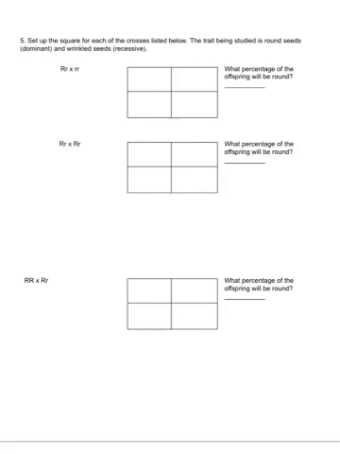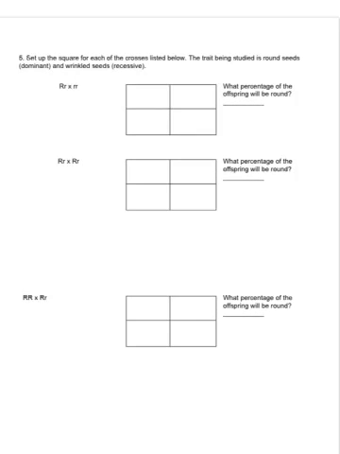Okay, next question. There are crosses, and we need to set up the Punnett squares. We have round seeds dominant to wrinkled seeds. So on one side, I am going to put the alleles from this parent. On the other side, I'm going to put the alleles from this parent.